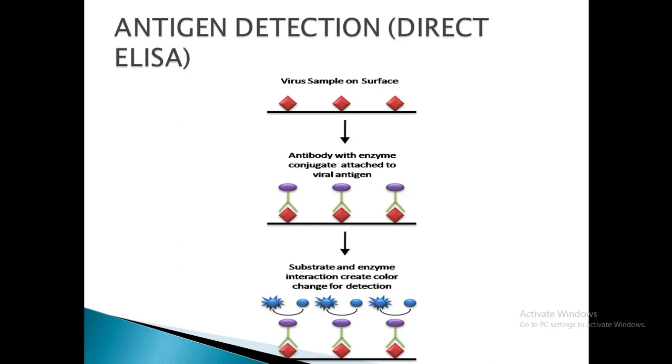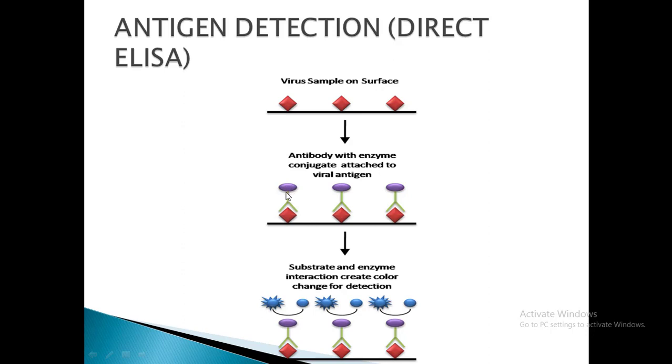So what happens? The antibody which is conjugated will bind with antigen of interest, and the additional complexes will be washed off, the free forms. In the next step, what will happen? We will put a substrate which is catalyzed to a particular product by the enzyme conjugated antibody.